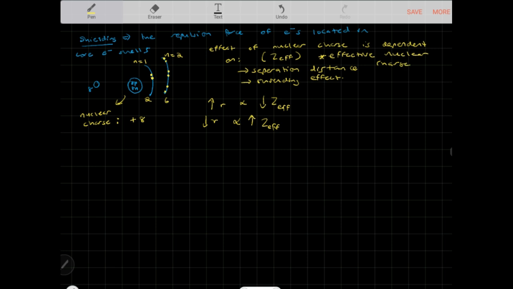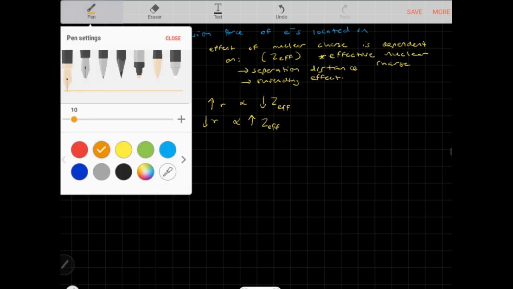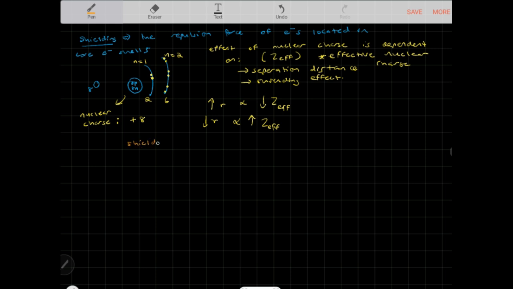The shielding effect is going to cause some of the nuclear charge to be distorted. Shielding reduces the nuclear charge's effect. As a result, as shielding increases, I'm going to use S for shielding, as S increases, the effective nuclear charge decreases. As shielding decreases, the effective nuclear charge increases.